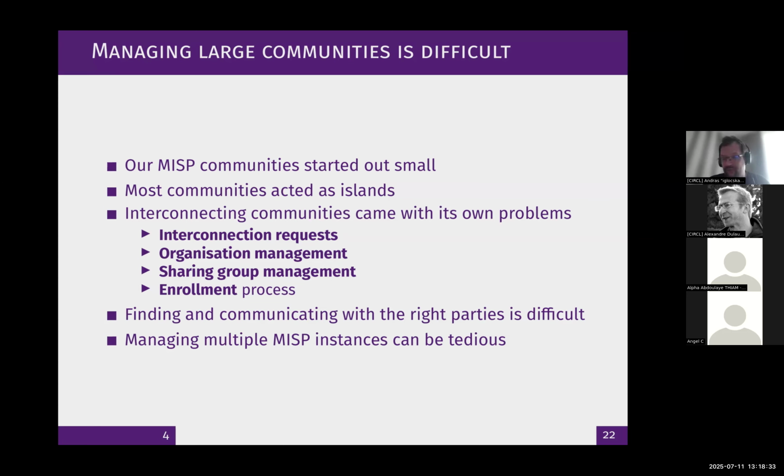Same thing with sharing groups. Managing sharing groups via MISP has been really difficult at times, mostly because of something I mentioned before. MISP assumes that when you're creating a sharing group or a distribution list, you're creating it on that community, and it will stay on that community instance until someone shares information with that sharing group and it gets propagated to the recipient organizations on other communities.